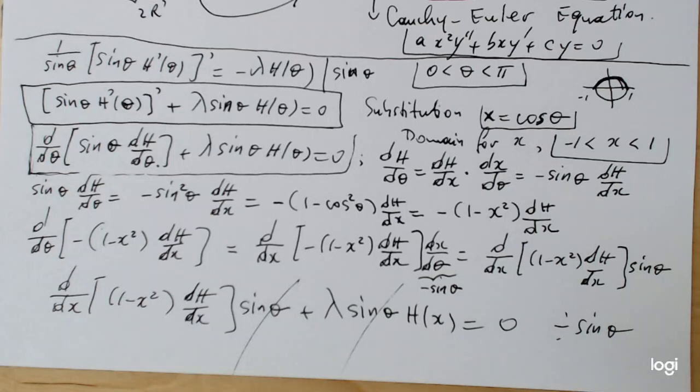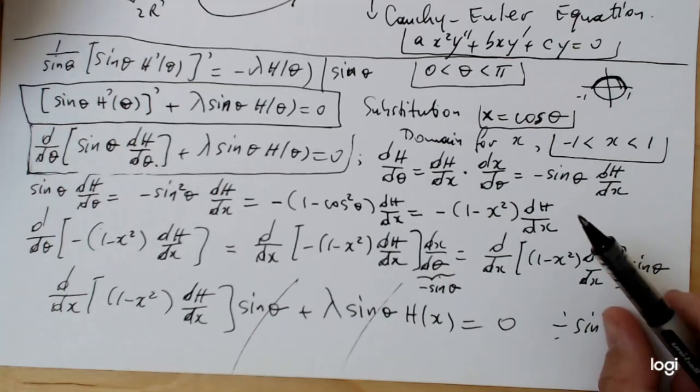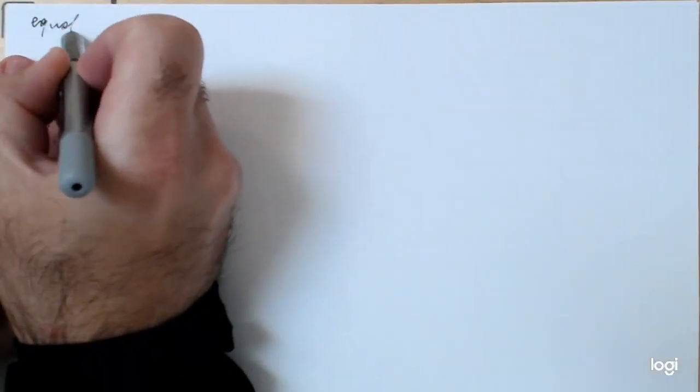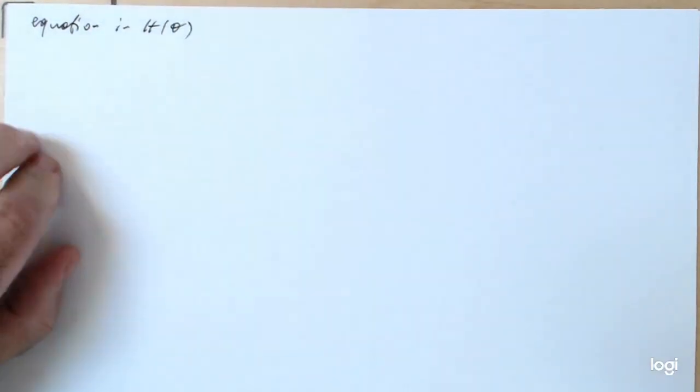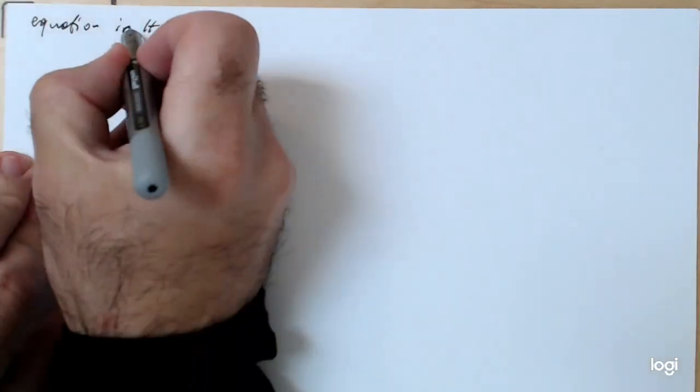So let's actually do the following, the remaining part of this part, so to speak. I mean, in another page, I want to put these two side by side and then define finally what constitutes the standard Legendre equation. So we have basically the equation in H that comes from the PDE itself, right?